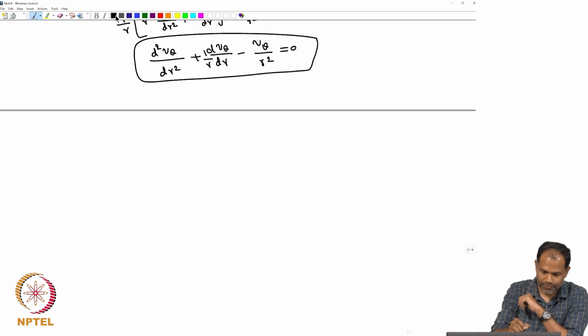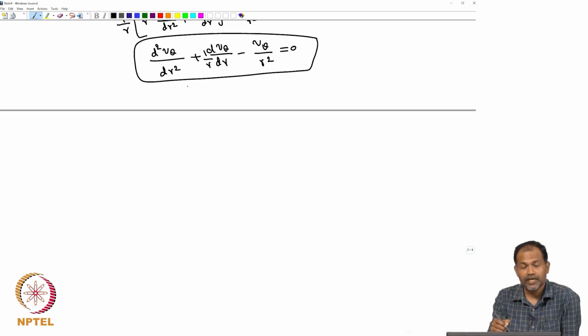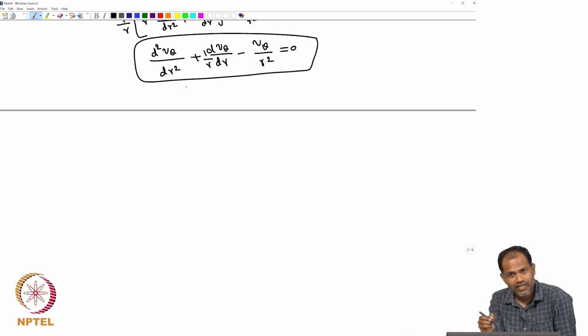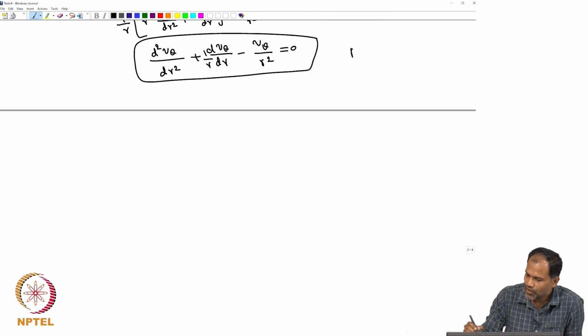To calculate what v theta is, now these kind of differential equations, d square y by dx square plus 1 by x dy by dx minus y by x square is equal to 0, are called Euler-Cauchy equations.